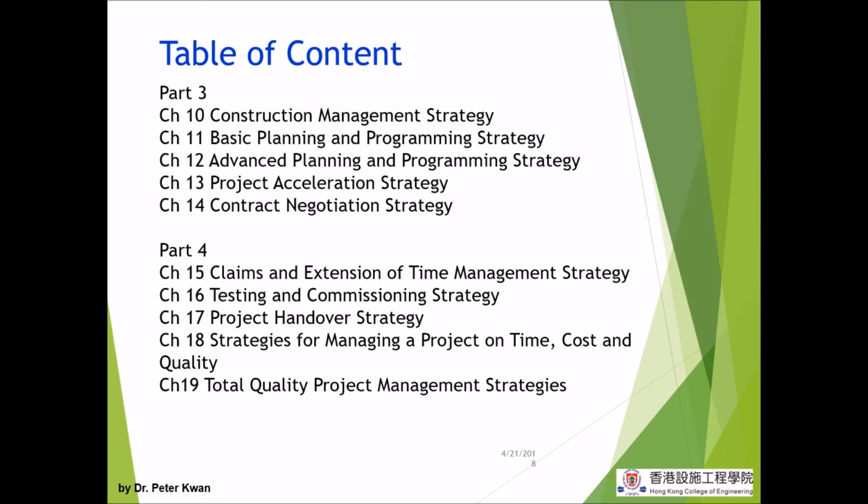Chapter 18 is an important chapter, which is talking about how to manage a project on time, cost, and quality. Of course, these are the basic things. There may be some other strategies required. Chapter 19 is the final chapter of this 4-part series, which is talking about total quality project management strategies.